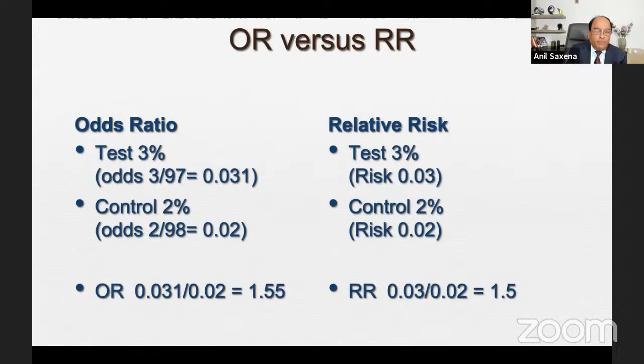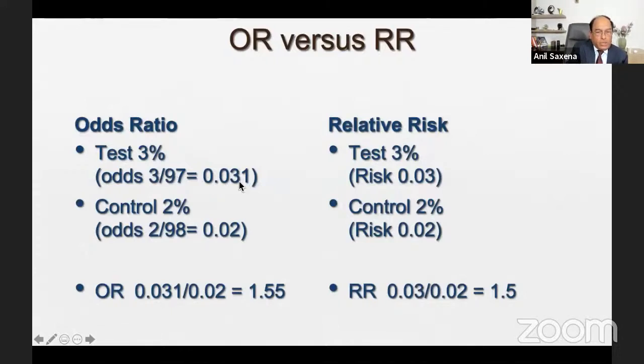So, for example, for any condition, it could be stroke percentage, stent thrombosis percentage, or MI percentage, say 3%. That means the odds are 3 versus 97, because in the other 97 it will not happen.